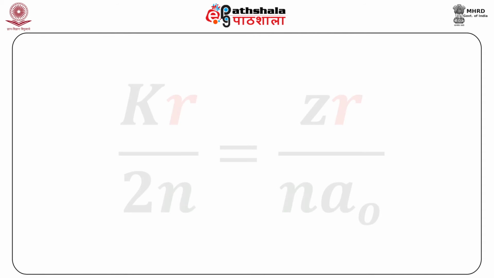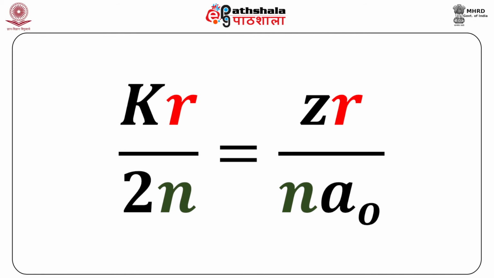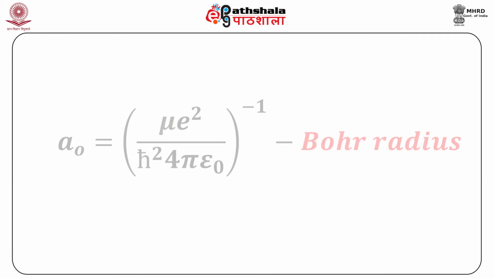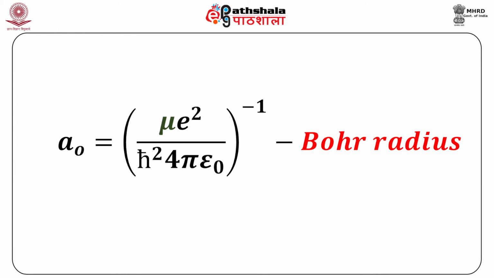And if we simplify it here, this becomes kr upon 2n is equal to zr upon na0, where a0 is mu e square upon h cross square 4 pi epsilon 0 raised to the power minus 1. This is nothing else but what we call as Bohr radius.